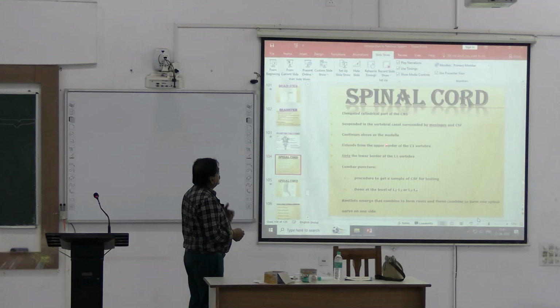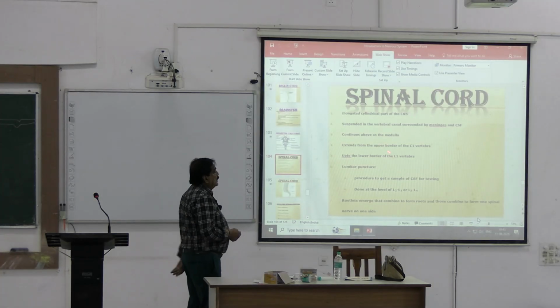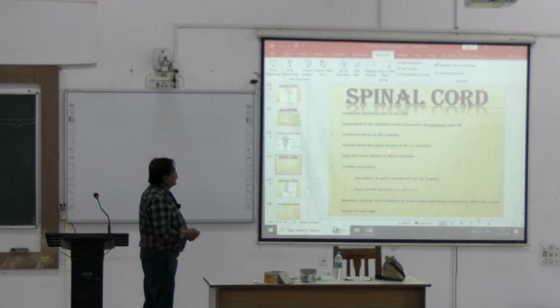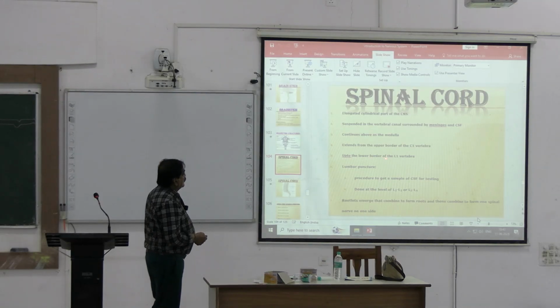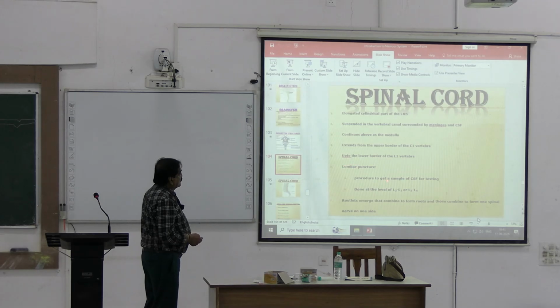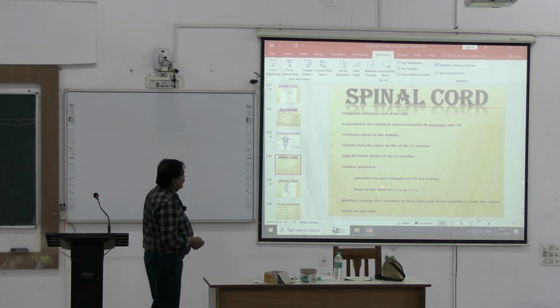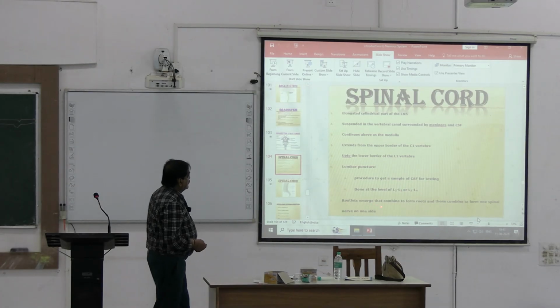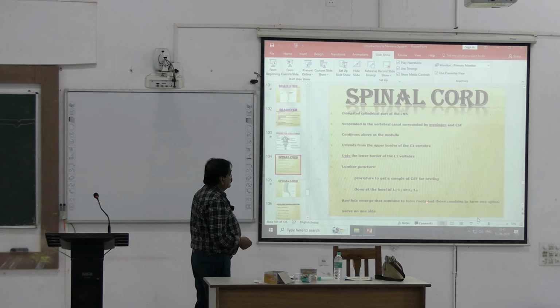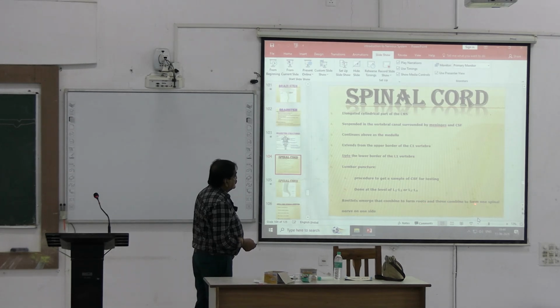The spinal cord extends from the upper border of C1 vertebra up to the lower border of L1 vertebra. Lumbar puncture, a procedure to get samples of CSF for testing, is done at the level of L2, L3, L4. Rootlets emerge that combine to form roots of the spinal nerve on each side.